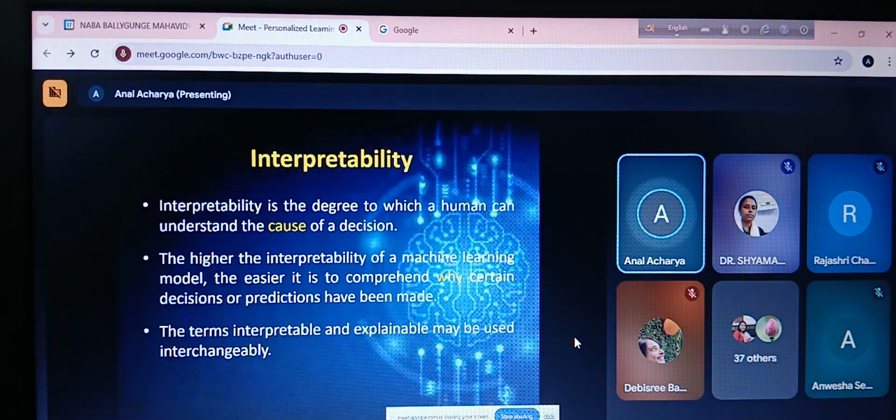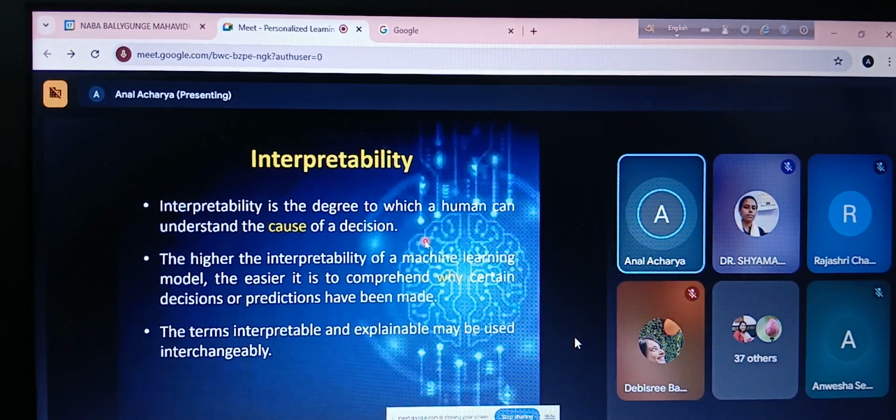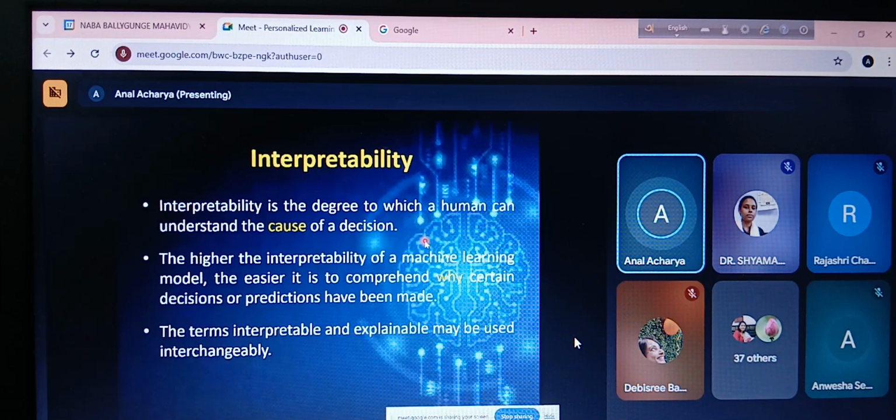Now we are coming to the concept of interpretability. So what is interpretability? Interpretability is the degree to which a human can understand the cause for a decision. That means the system is making a decision. In a black box, what did we say? We say that the decision is only given to us.